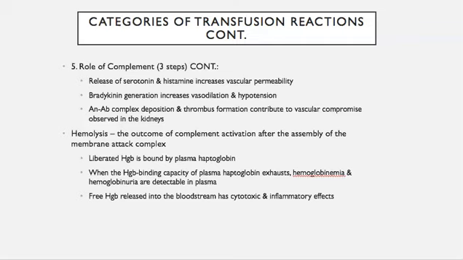So when the hemoglobin binding capacity of plasma haptoglobin is exhausted, hemoglobinemia, which is when you have free hemoglobin in the plasma, and hemoglobinuria are detectable. Free hemoglobin released into the bloodstream has cytotoxic and inflammatory effects. So when this happens, the patient's going to be feeling the results of that.